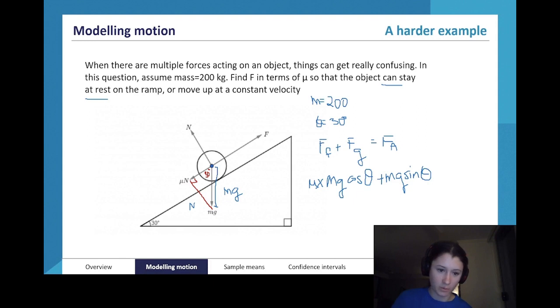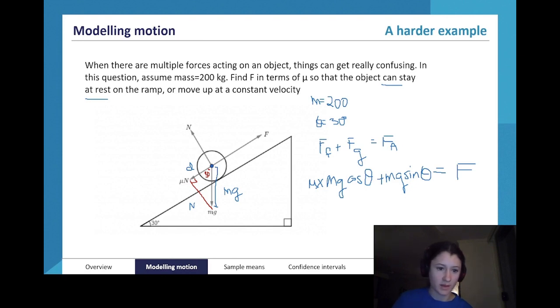And our force down the plane is going to be that one there, is equal to our applied force. All right.